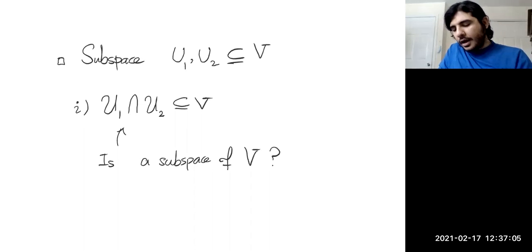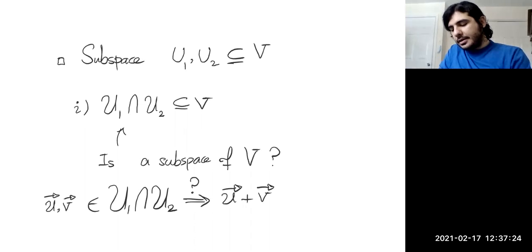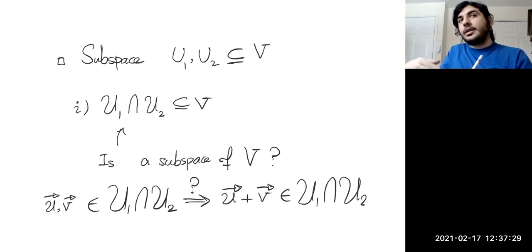So if I take some u and v, two vectors, inside this intersection, what I want to show is that their sum is still inside this intersection. That's one property I need to show to say this intersection is a subspace. So is that correct or not?